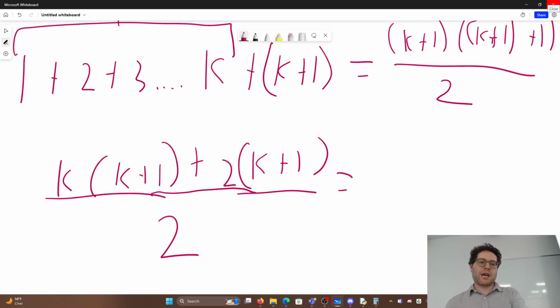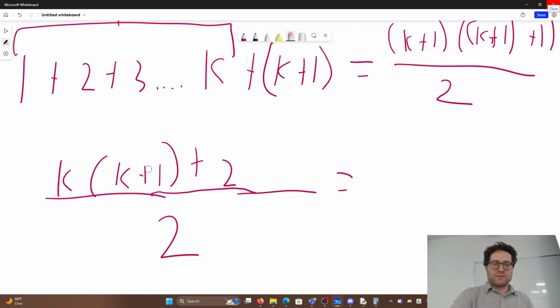So now I've got k times k plus 1 plus 2 times k plus 1. And I'm going to do something that feels a little weird, but I'm going to extract the k plus 1. It feels a bit weird because normally when you extract a common factor, it's in a different position, but we can.